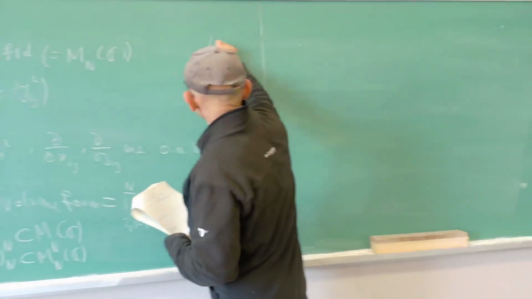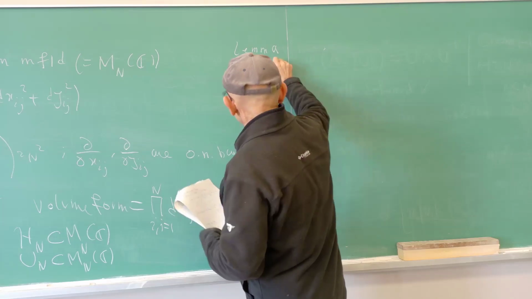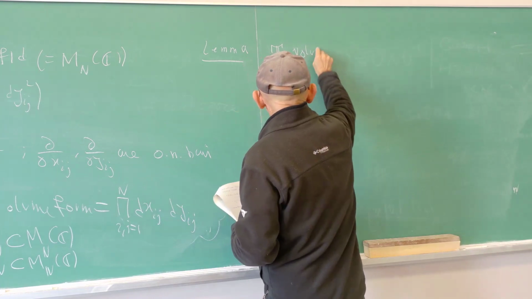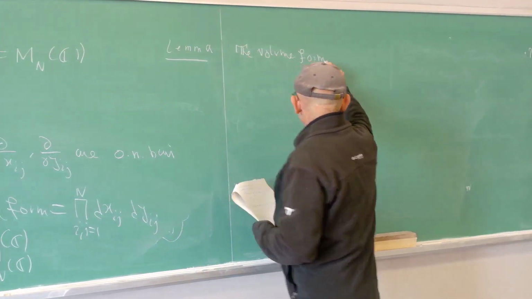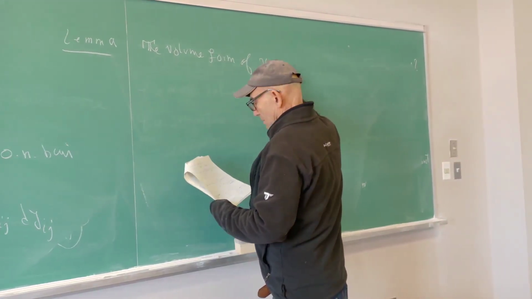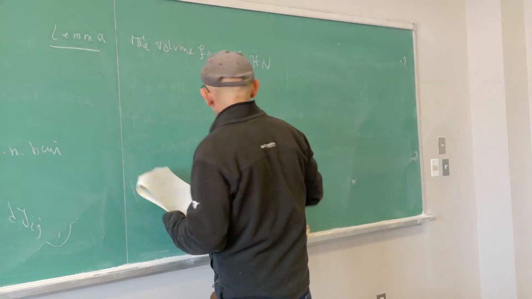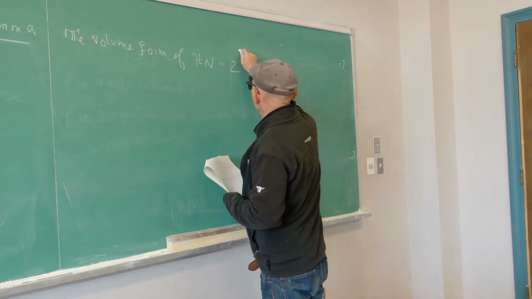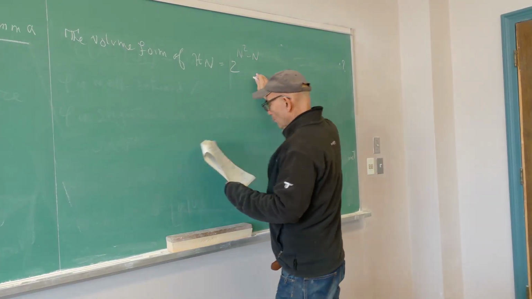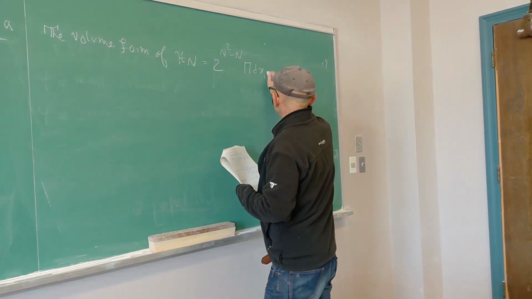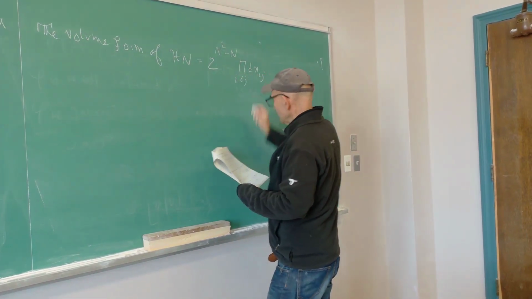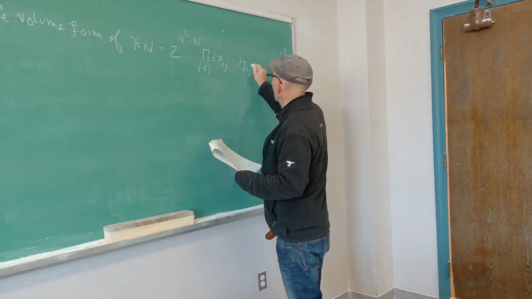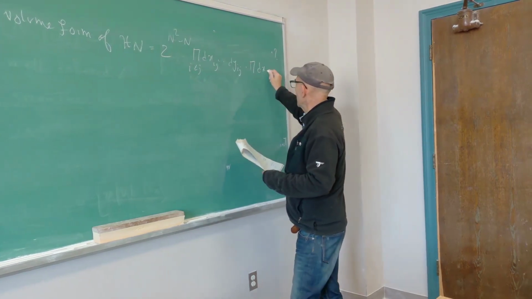So the lemma, which is not difficult, is that the volume form of H_n is actually equal to 2 to the power n squared minus n, the product of dx_ij, i less than j, the product of dy_ij, and then the product of dx_ii.